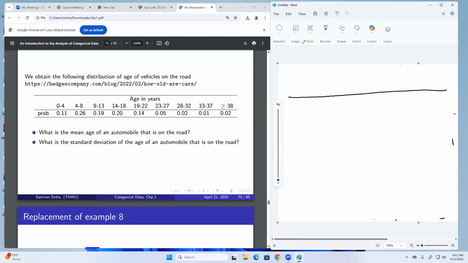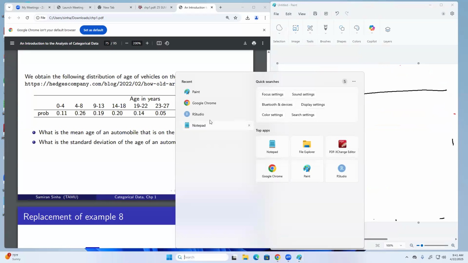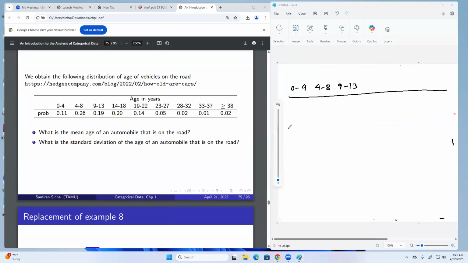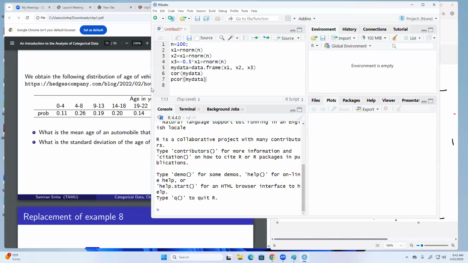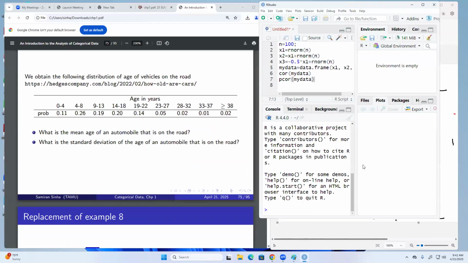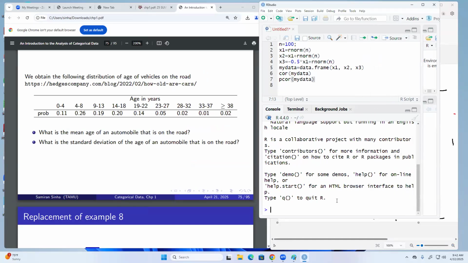So you have 0 to 4, 4 to 8, 9 to 13. So let's do that actually. Instead of doing it by hand, let's do it in R, because we'll anyhow be using R for solving the next part of the question. So what we have, the probabilities. I'm going to write the probabilities here.